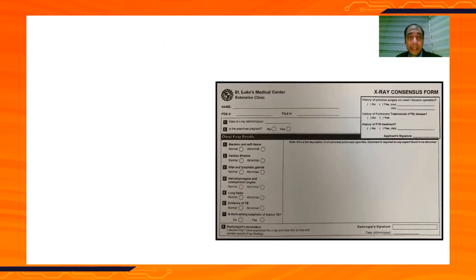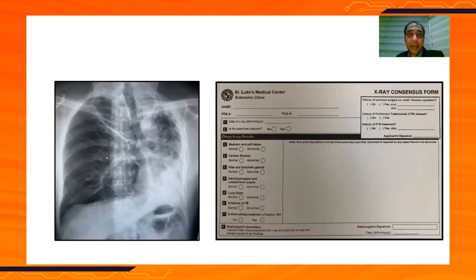So in this chest X-ray of an applicant showing extensive infiltrates in the left lung with associated atelectasis or volume loss, we mark it as abnormal lung fields, and we mark yes for strong suspicion of active TB. So this is B graded.